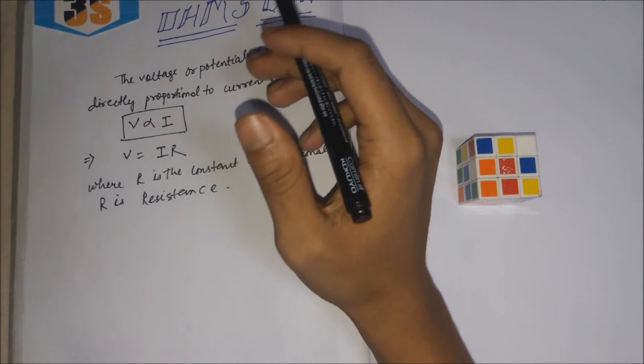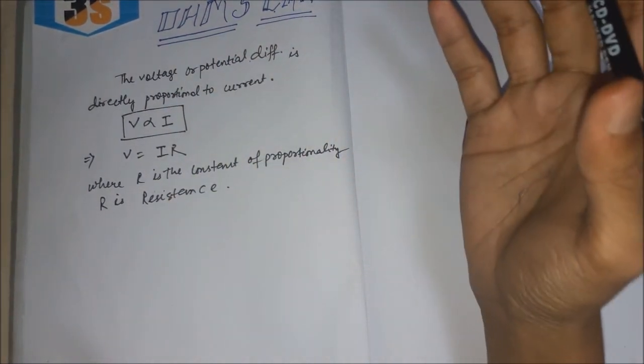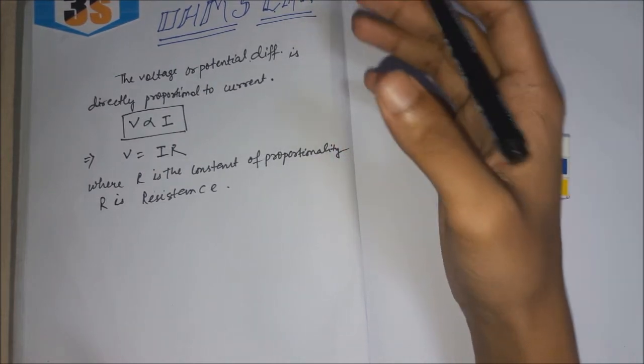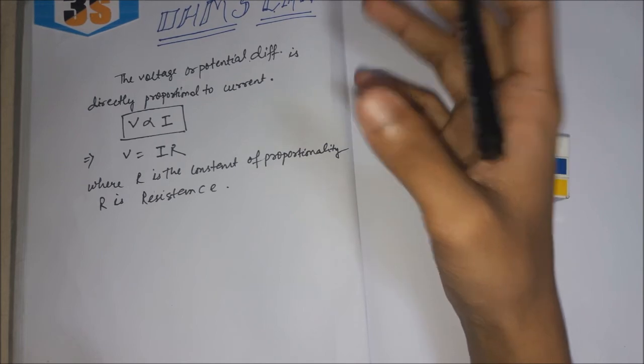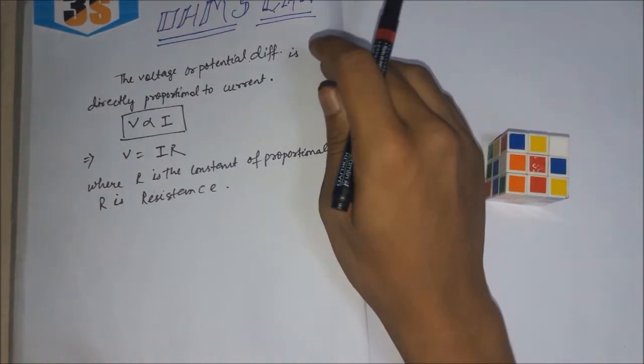Resistance is the property of any appliance or any resistor by virtue of which the appliance restricts the flow of the electric charge through it and hence provides a resistance to the flow of the electric current.